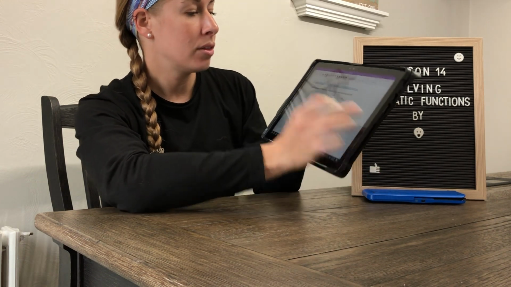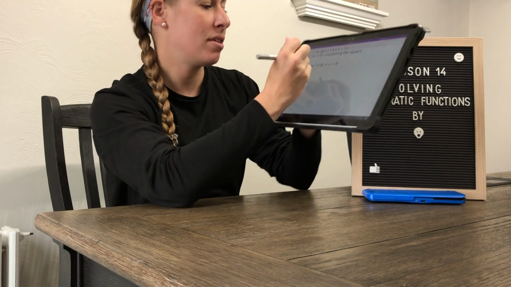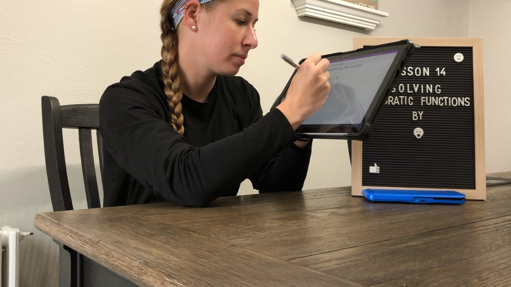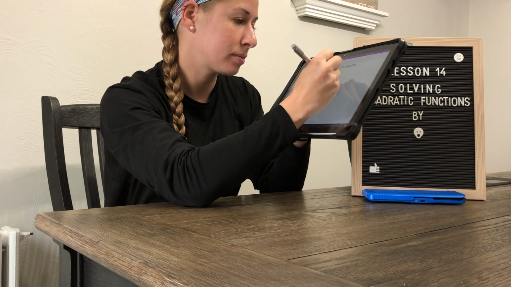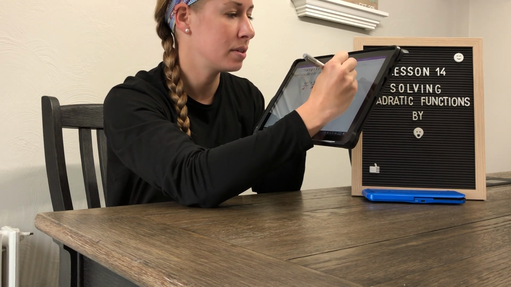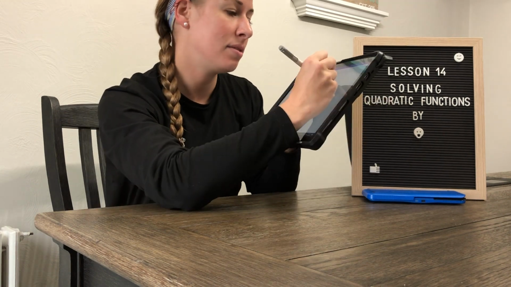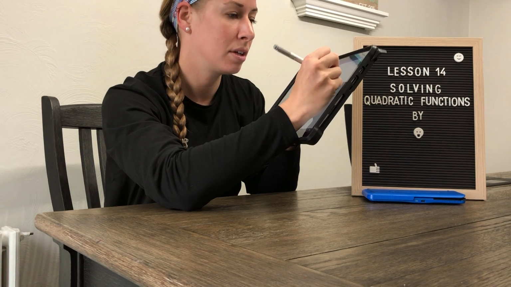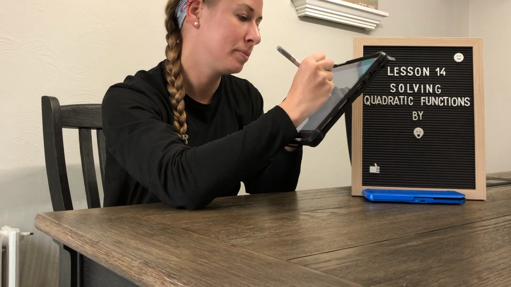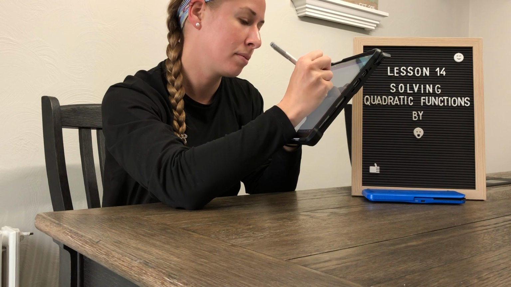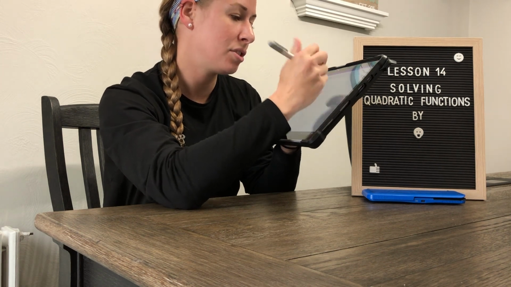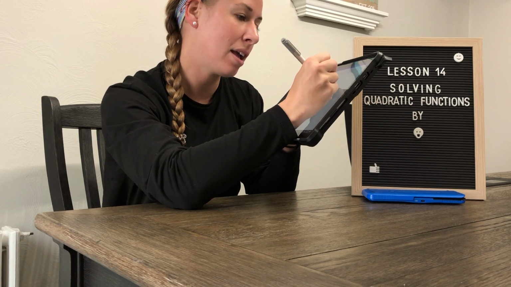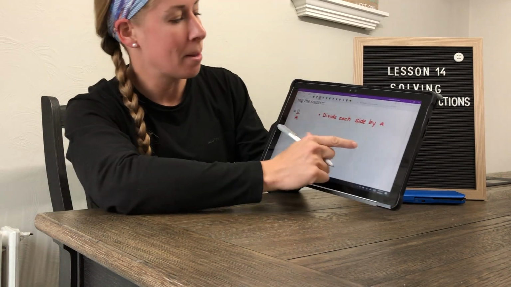So the first thing we're doing is we're dividing everything by a. So step 1 is divide each term, divide each side by a, both sides of the equal sign.